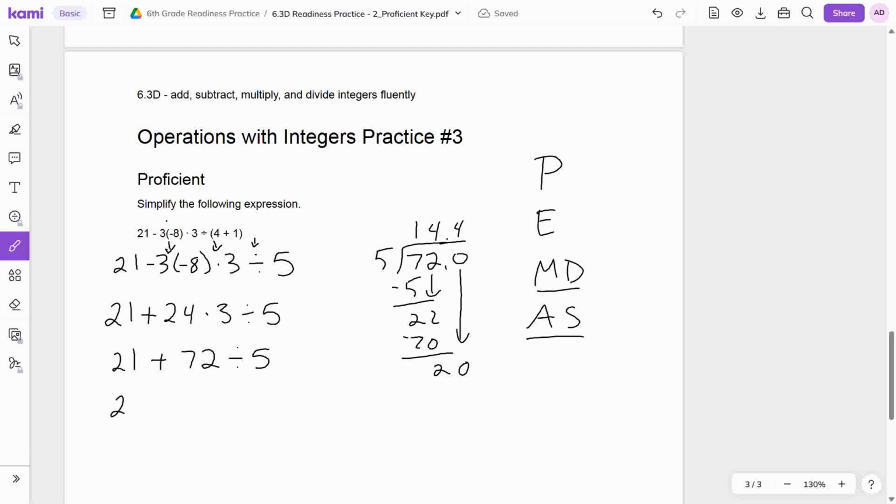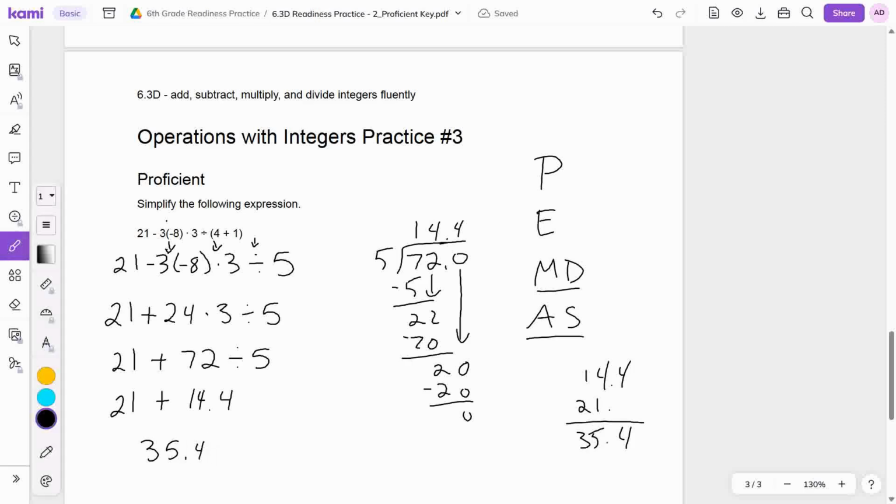So really what I have is 21 plus 14 and 4/10. If I wanted to line that up, 14.4, 21, I'm going to end up getting a 35 and 4/10. So I ended up with a decimal, and that is fine.